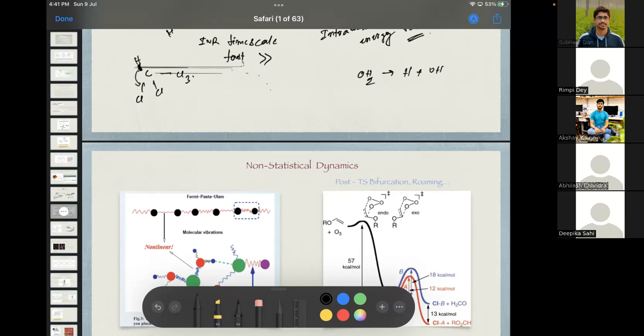But then from this CCl mode to another CCl mode, the energy transfer is not happening too fast. That means this energy transfer dynamics is deviating from statisticality, because the energy can get localized into a particular bond and cannot redistribute very fast between all possible vibrational modes. That is the deviation from statisticality, and we call this non-statistical dynamics.